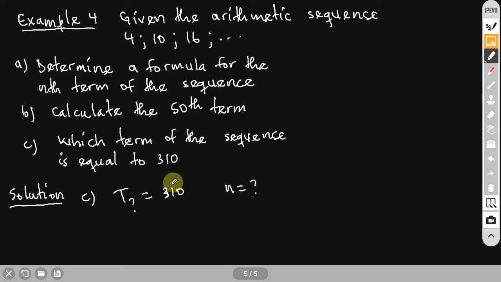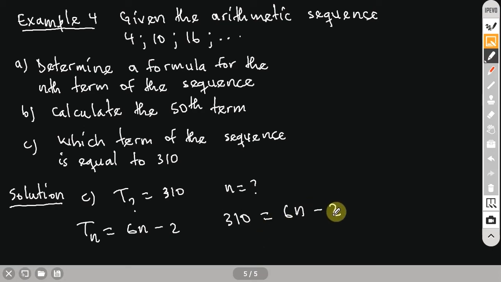We can find the position of 310 by solving for n. Remember, we're going to use the general term that we calculated previously, Tn is equal to 6n minus 2. So let's solve for n. We replace Tn with 310. So 310 is equal to 6n minus 2. And then let's solve for n.